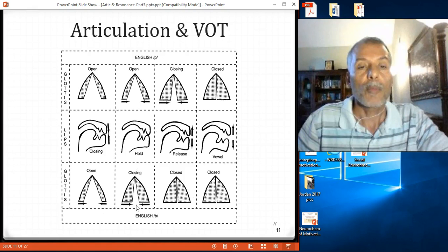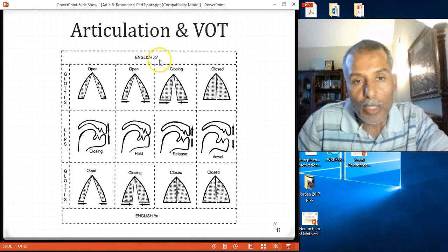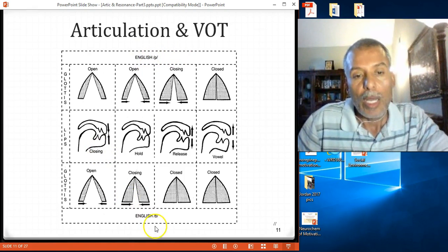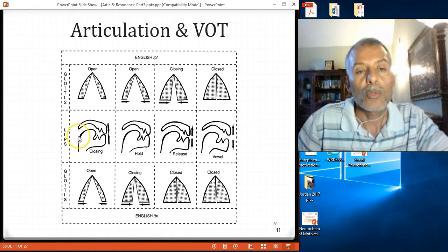Let's look at an example here. So here you have the p sound, and here you have the b sound. The p sound is plotted here, the b is here, and you have the vocal tract as it goes into closing, holding, releasing, and the vowel. Obviously, when you say the sound p, the only way that you can release it, if you want to hear it, is to release it into a vowel.